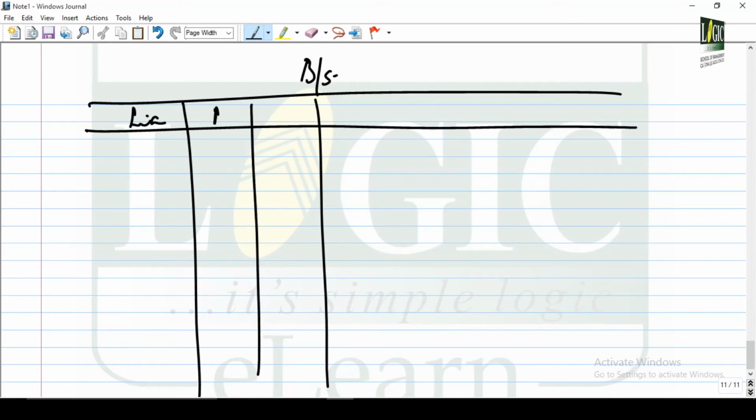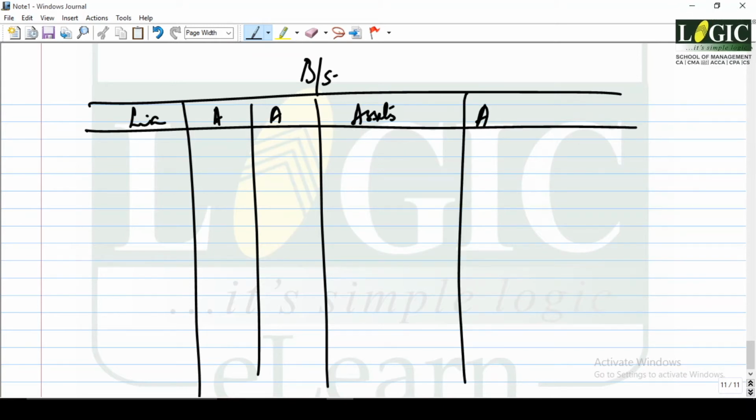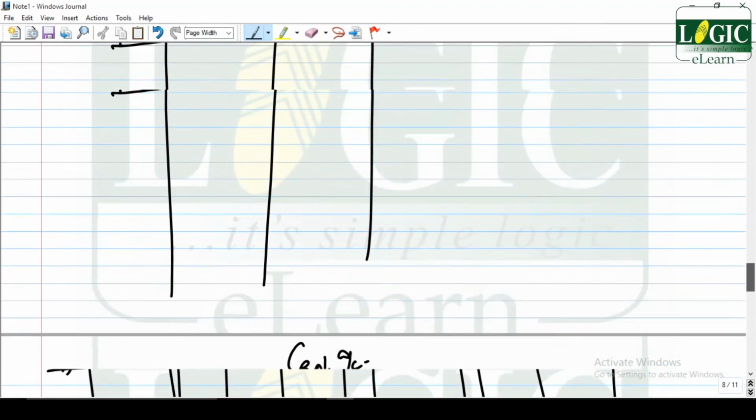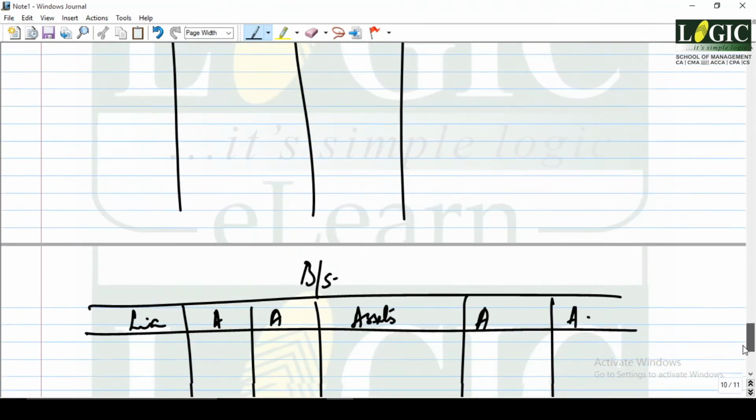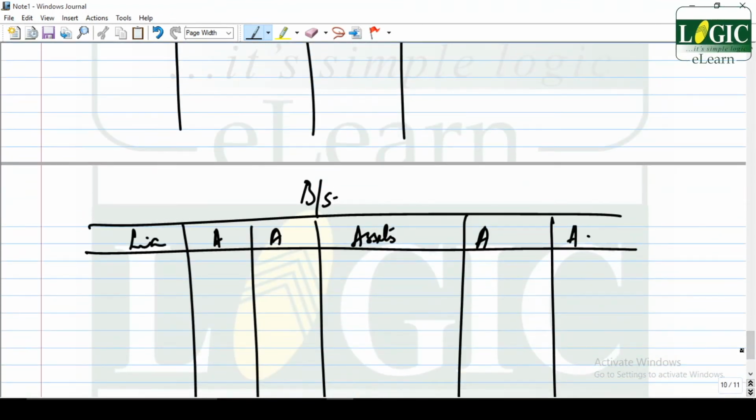Liabilities, amount, assets, amount. As usual, whatever information is inside the balance sheet, we should post it first.